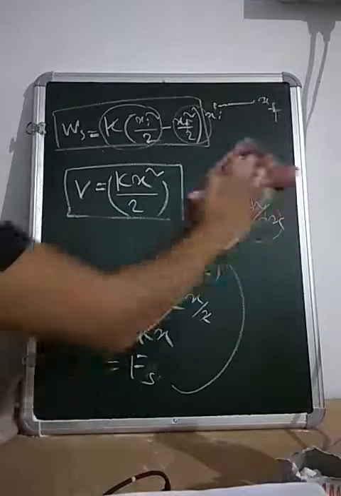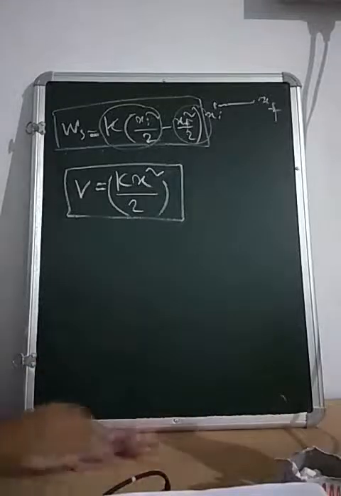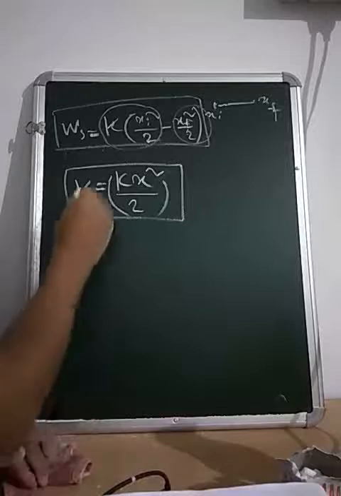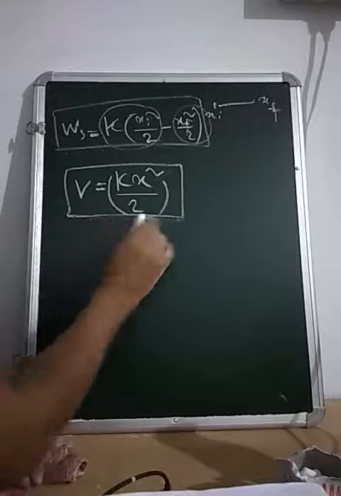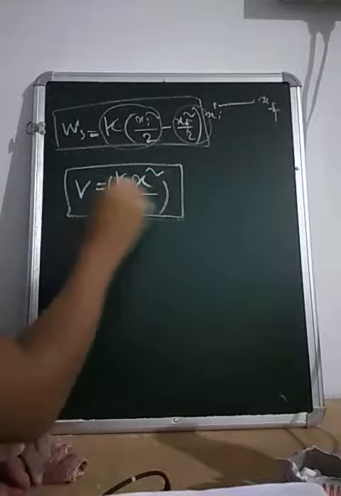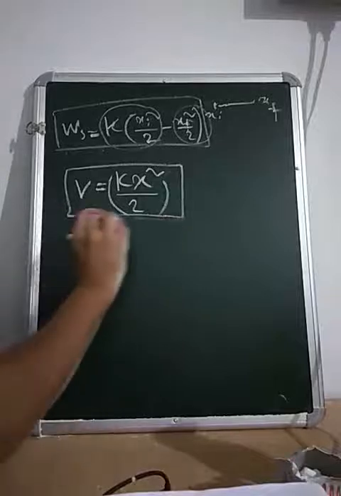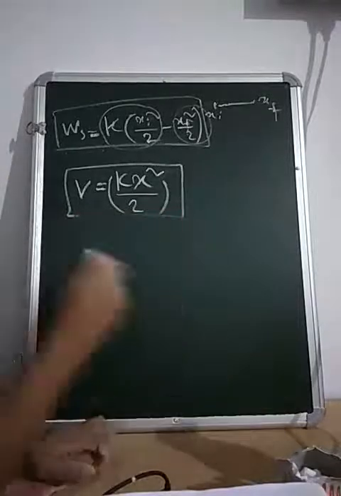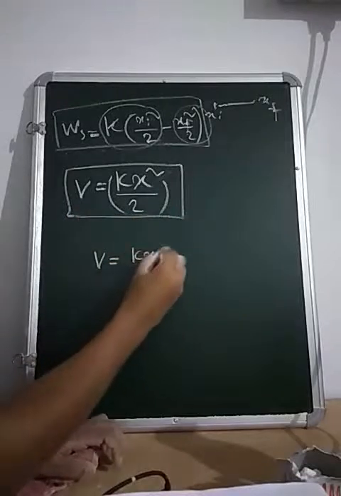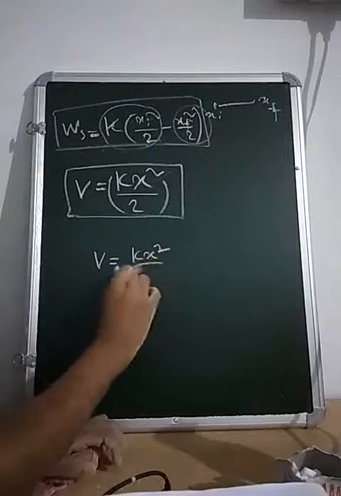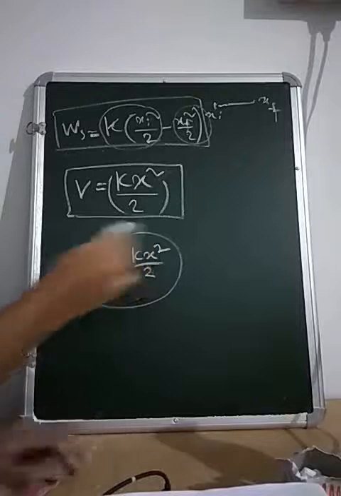So the spring force is a conservative force. Up to now what we get: spring force is a conservative force, and the potential energy stored in the spring due to x amount of displacement is half of k into x square.